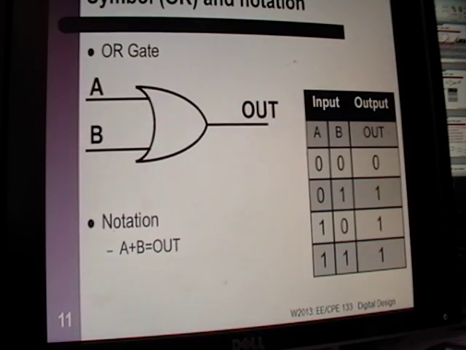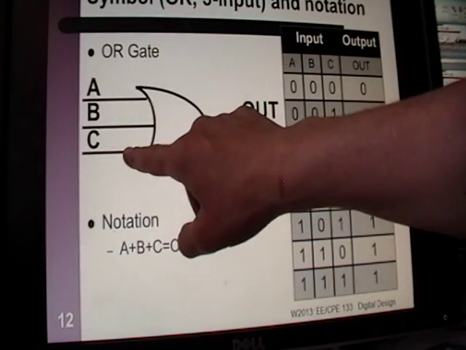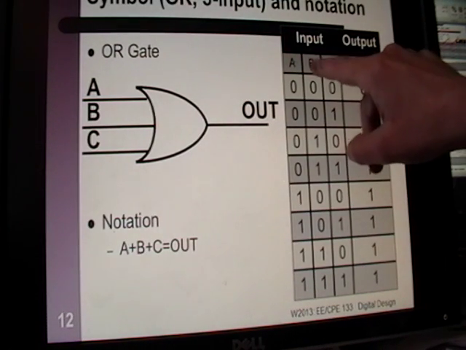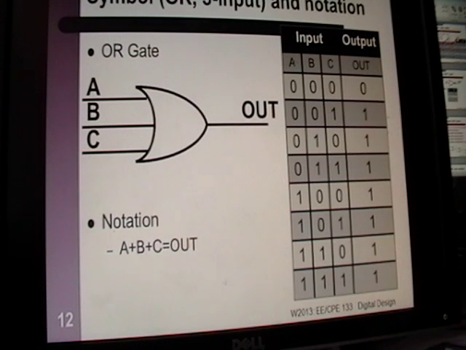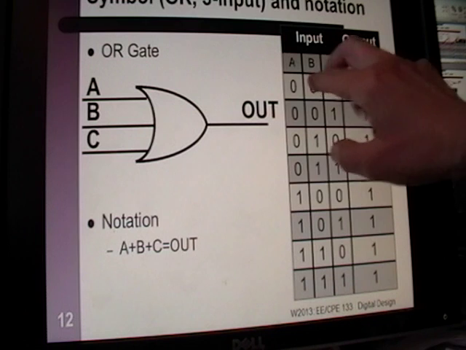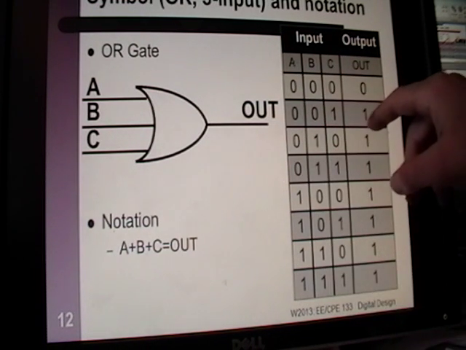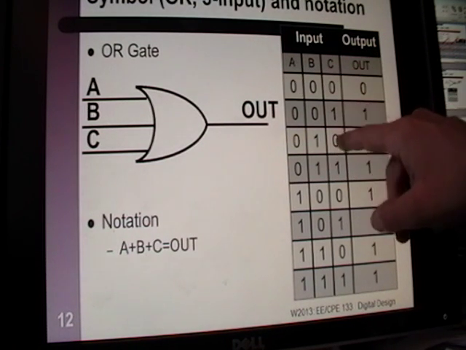Just as with the AND gate, you can put as many inputs as you want, but note that when you add a single input, it doubles the number of rows in your truth table. Again, you want a row for each possible combination of inputs, and to do that, it's good to start counting from 0 and count 1, 2, 3, 4.